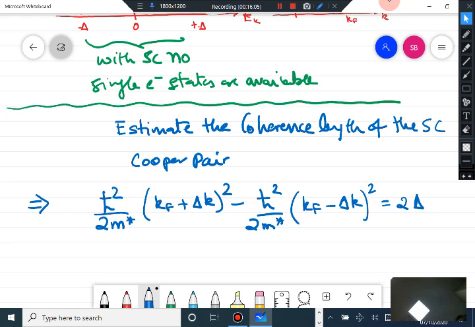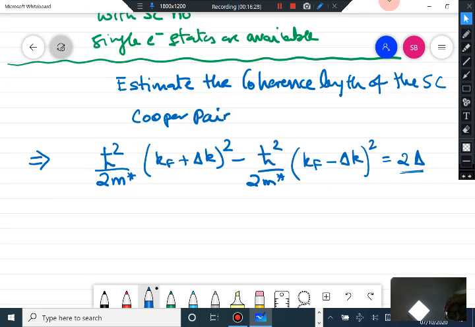Okay, this is in the momentum space. Instead of writing in terms of the energy, if I look at the momentum space, then within a delta k interval of kf, I am going to have pairs which are present. And this is going to be the total energy of the system, which is going to give you your total binding energy.